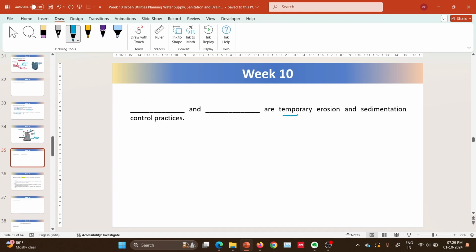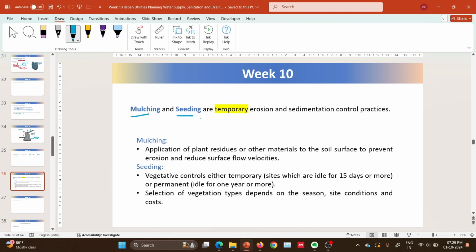Mulching and seeding are temporary erosion and sedimentation control practices. Mulching is an application of plant residues or other materials to the soil surface to prevent erosion and reduce surface flow velocities. While in seeding we do plantation, like vegetative controls, either temporary for sites which are idle for 15 days or more, or permanent.